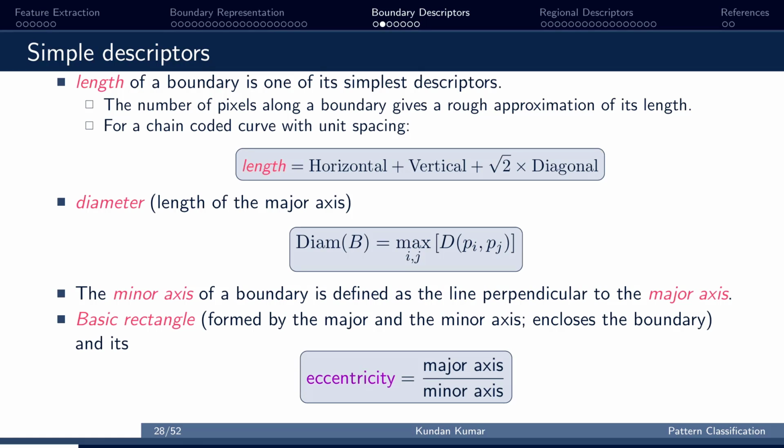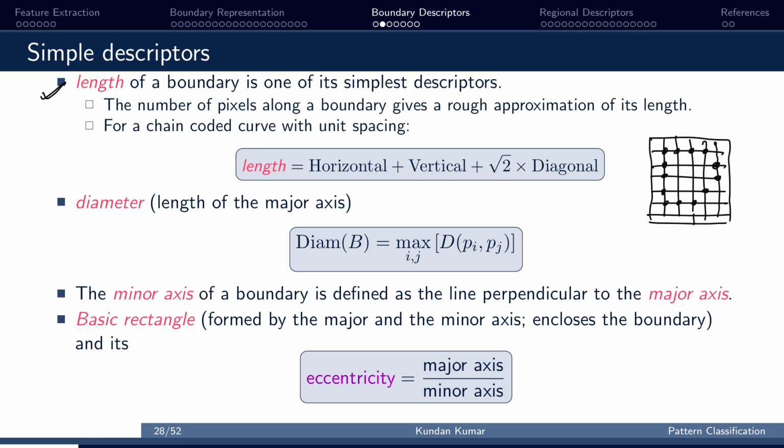Suppose we have a boundary image, and here we are making the grid points. Suppose these are the grid points, so it will represent our boundary. Now we can extract these features.